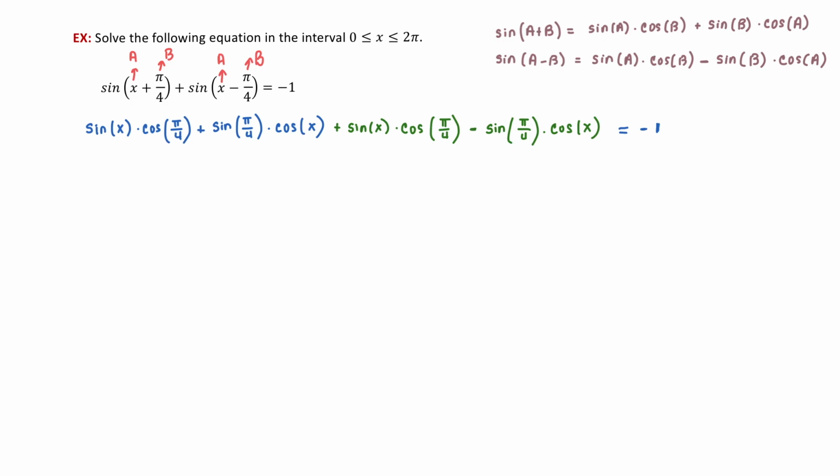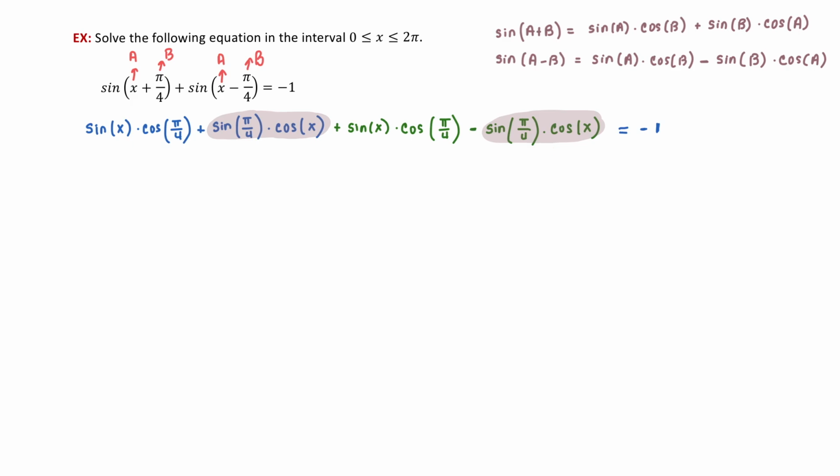Now, simplifying. I want you to notice immediately that this term right here is identical to this one. I will highlight it. This term is identical to this one, but they have opposite signs. In other words, this one is positive and this one is negative.